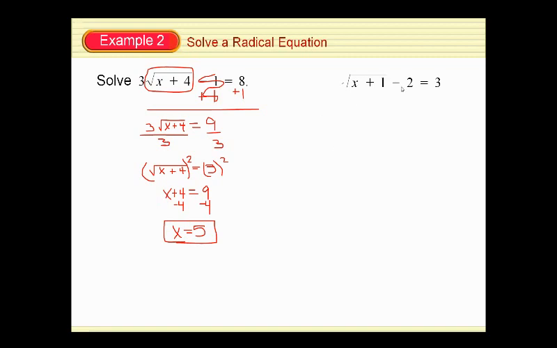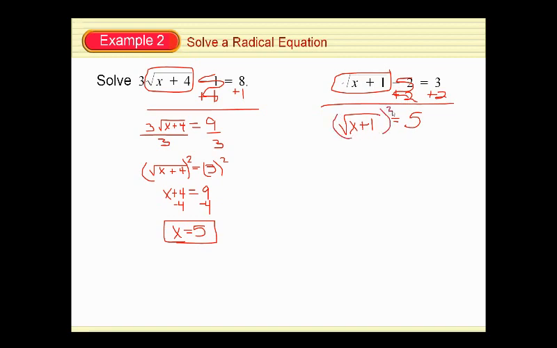Okay, if I go over to this one over here, this is the bomb. I don't want to mess with it until everybody's behind the protective equal sign, so I'm going to add 2 on both sides. And I have the square root of x plus 1 equals 5. Those cancel.